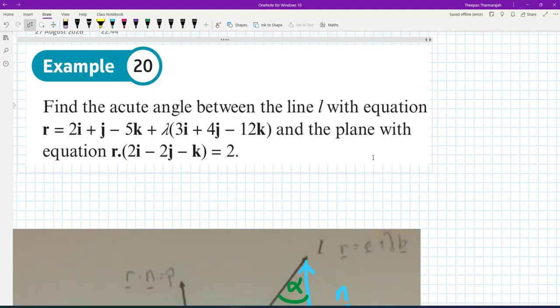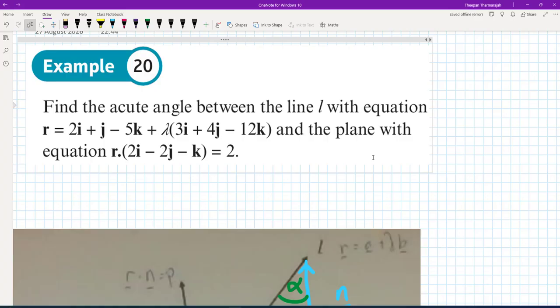It says to find the acute angle between the line L with equation r equals 2i plus j minus 5k plus lambda times 3i plus 4j minus 12k, and the plane with equation r dot 2i minus 2j minus k equals 2.